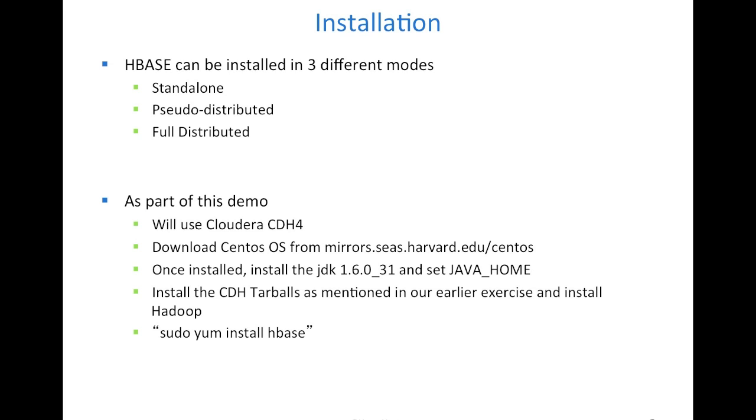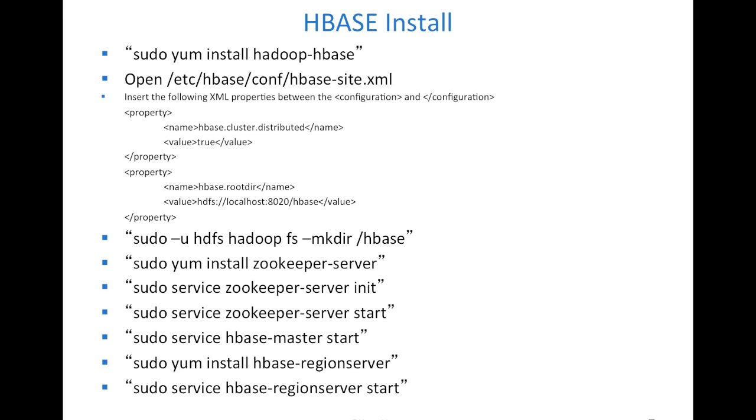Once you have done that, you need to install HBase, and we have used yum for that. So you can just do sudo yum install hbase. Once you have that, you have to change the property file hbase-site.xml, which is required if you're doing pseudo-distributed mode. Then you create a folder within HDFS called /hbase, and then you can install the ZooKeeper server.